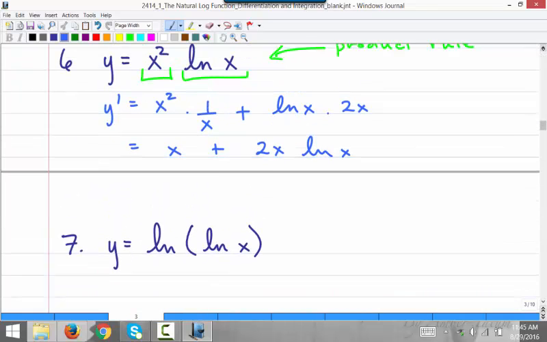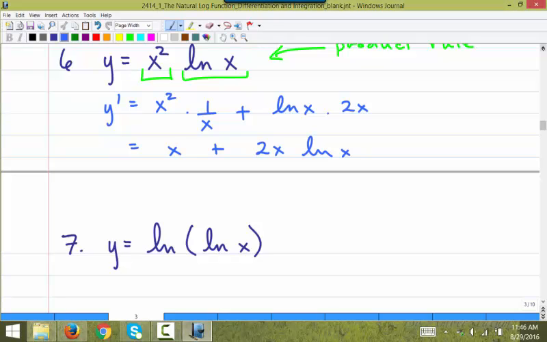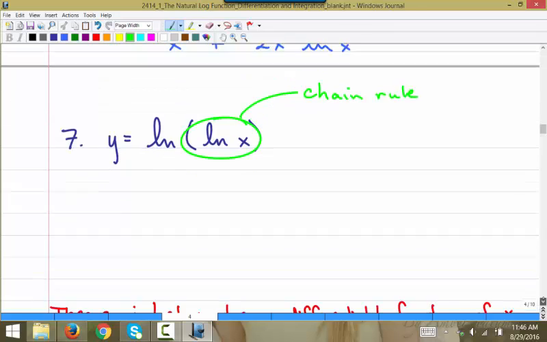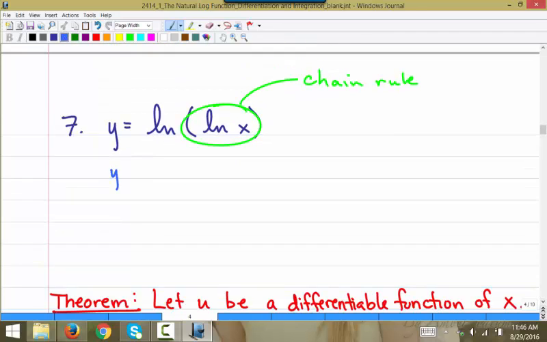Okay, number 7. When I look at it, y equals natural log of the natural log of x. What's hidden in that? You're going to have to use the chain rule, because I'm taking the ln of something. So when I take the derivative, I'm going to do 1 over blah.